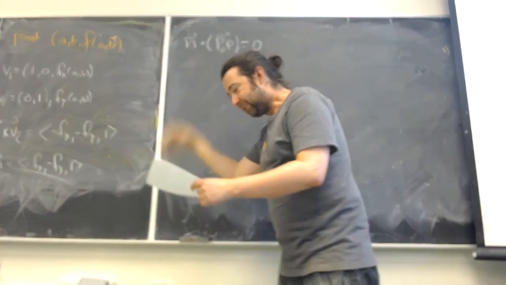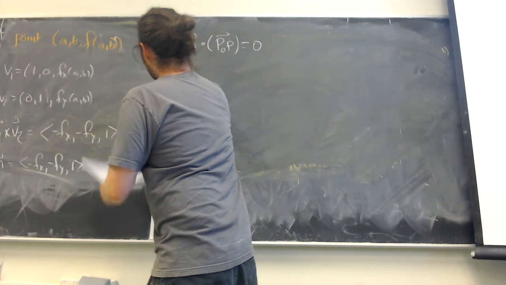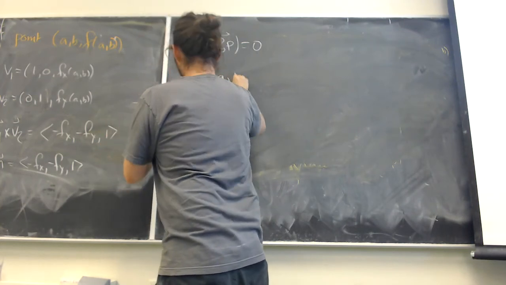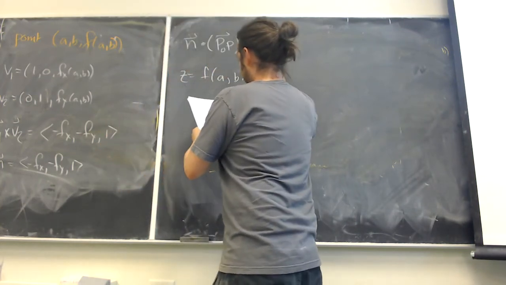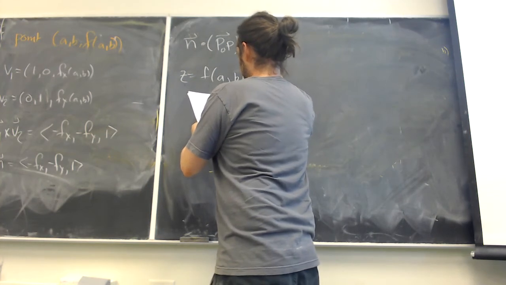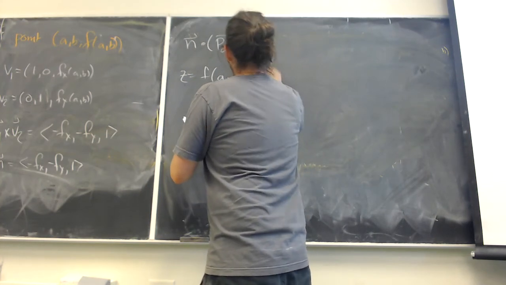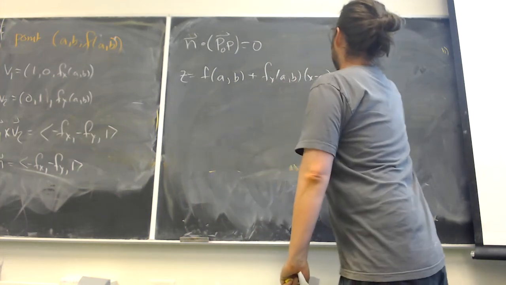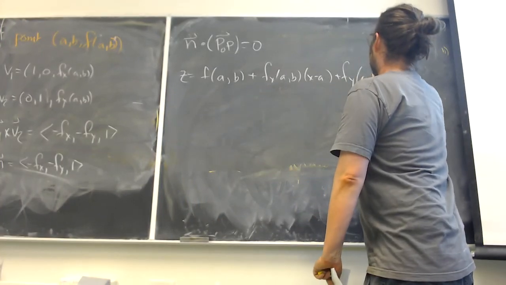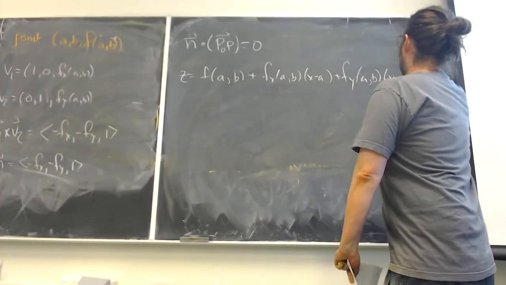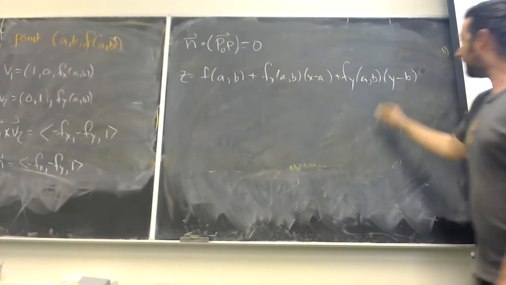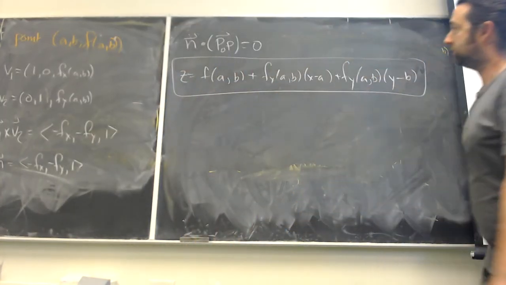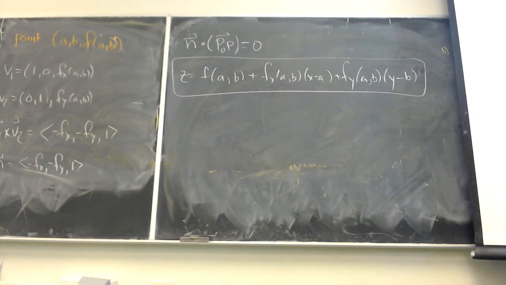So instead, let's actually compute this and write z is equal to f of (a, b) plus fx(a, b) times (x minus a) plus fy(a, b) times (y minus b). And this bad boy right here, that's the equation of a tangent plane.